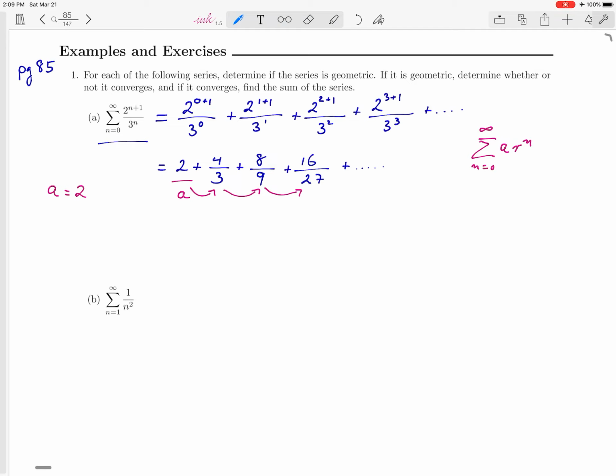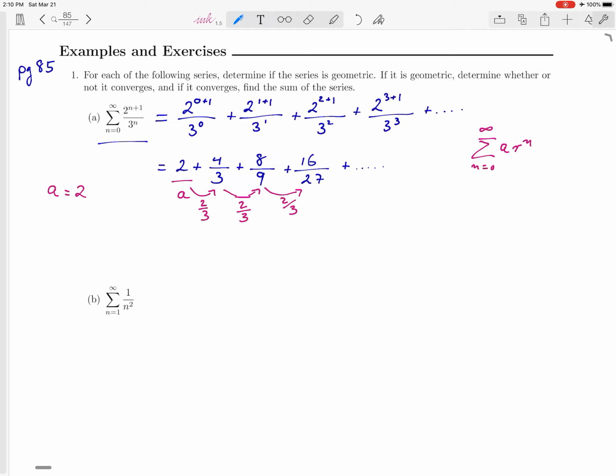And so to go from 2 to 4/3, we need to multiply by 2/3, because 2 times 2/3 is 4/3. And now, does that work for the second term? What happens if we take 4/3 and multiply by 2/3? That is 8/9. Oops, sorry. We multiply by 2/3 to get from 4/3 to 8/9. And then multiplying by 2/3 again gives us 16/27.